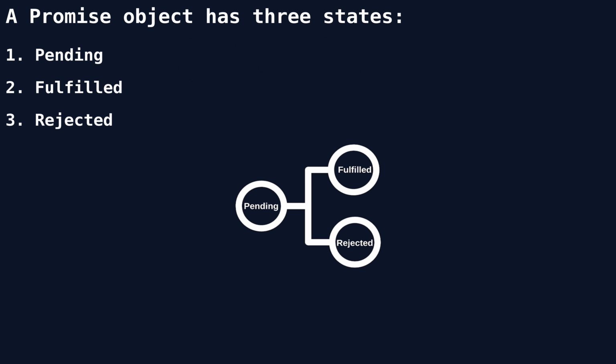Fulfilled. When the asynchronous operation completes successfully, the promise object is in the fulfilled state. It means that the result of the asynchronous operation is available. It is also called the resolved state. To change the state of a promise object from pending to fulfilled, we need to call the resolve function with the result. Rejected.